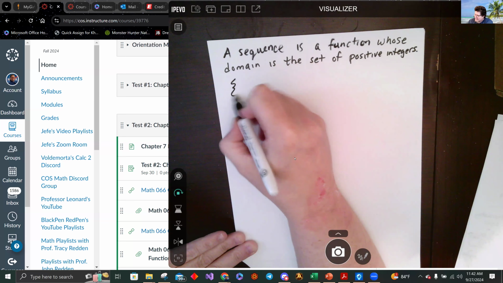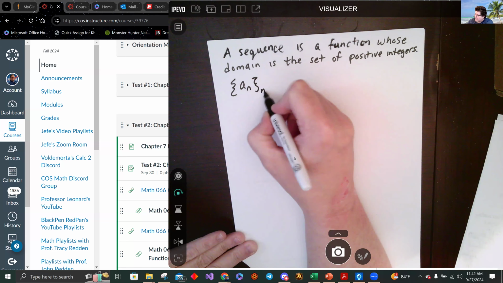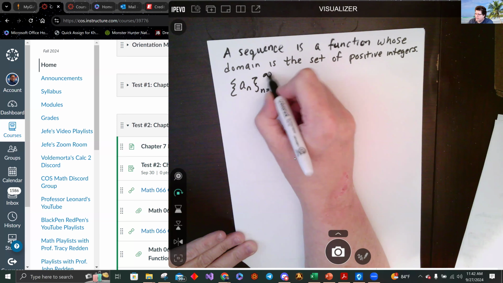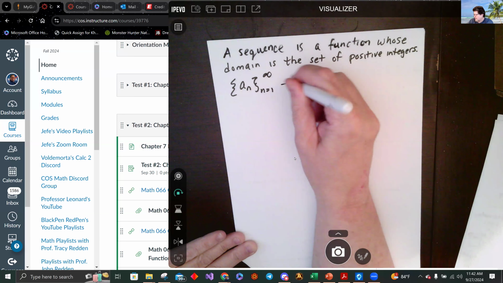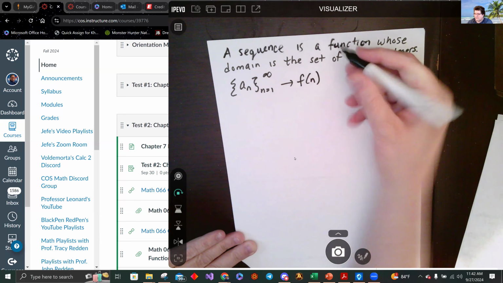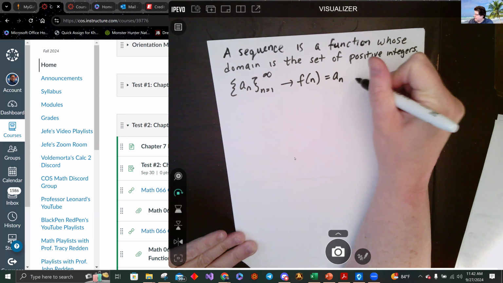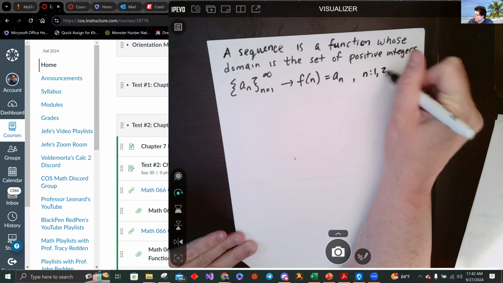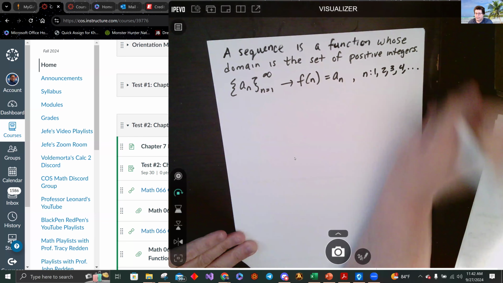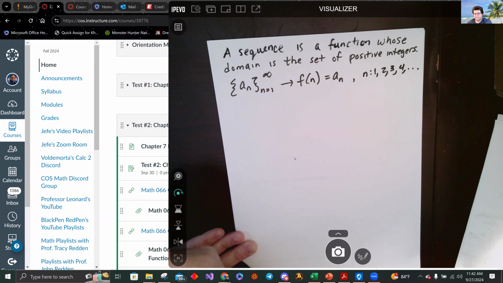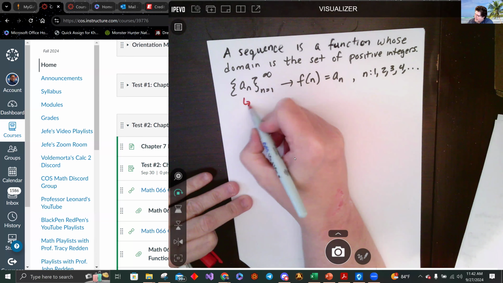So if we have a sub n, where n equals 1 to infinity, this is like saying f of n equals a sub n, where n is 1, 2, 3, onward like that. And we use a sub n. I used this earlier, and I don't know if you know the notation. We use this to describe the nth term.